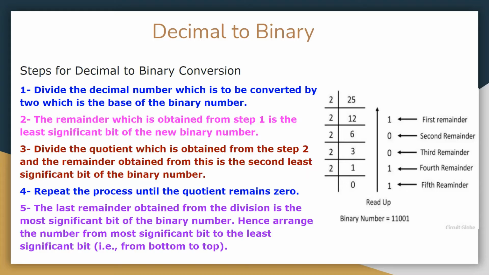That means we go from down to up, so 11001, that's the answer. That means if we convert 25 to a binary number, it's equal to 11001.